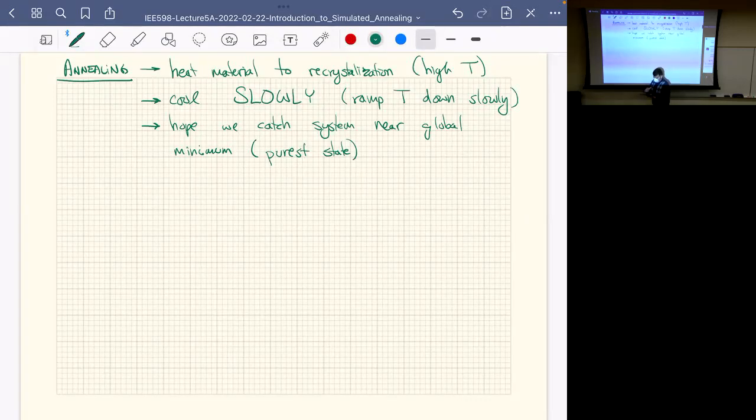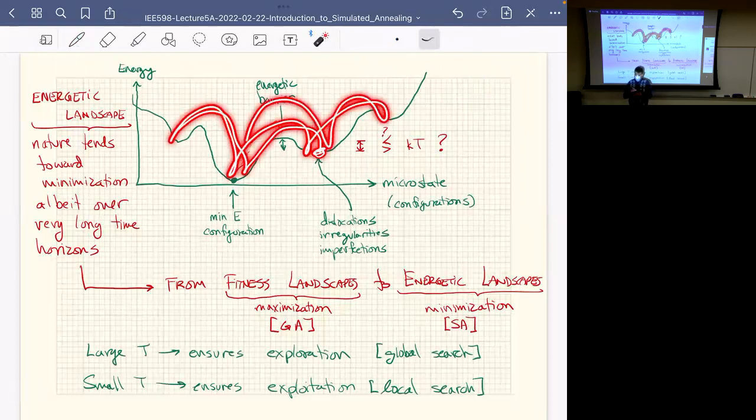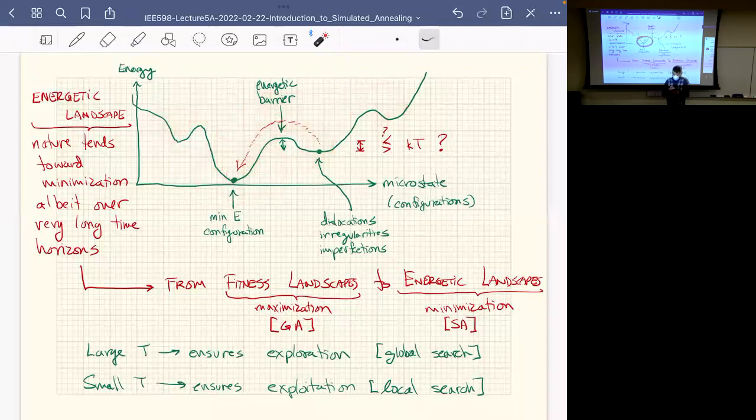So the heating up, if I was to flip back to this image, the heating up allows, if I'm stuck here, the heating up allows the state of the system to jump to all these other states. Remember, there's just one ball here. It's not a population level algorithm. But then if it ever gets into this valley here, then it's going to sit in this valley longer than other valleys because it's sitting at such a lower energy configuration.